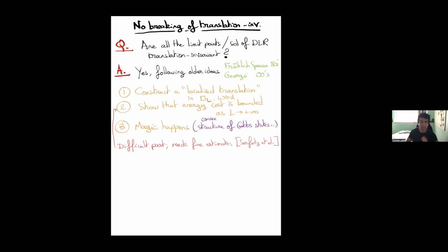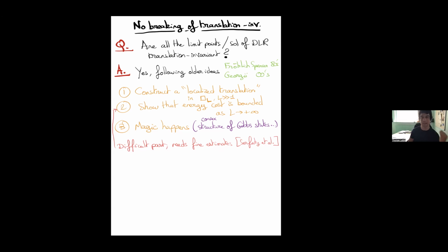And that's the last thing I will say, this discussion of no symmetry breaking. So what I can say is that there's no breaking of translation invariance. I should say there are slightly technical conditions, but all the limit points, so almost all the solutions, and in particular all the limit points, are translation invariant, which is not obvious.